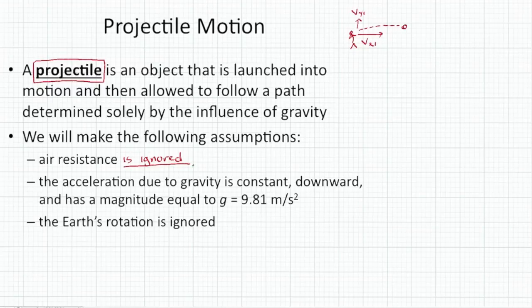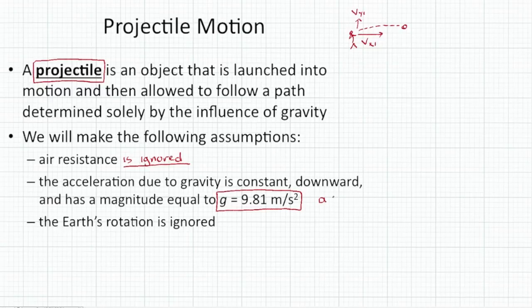We're ignoring air resistance. A second assumption is that the acceleration due to gravity, and you know this, is constant downward, and it is a value of 9.81 meters per second squared. That's what we call g. That's the value, or you might say the absolute value of the g, of the pull of gravity. Of course, we sometimes write it like this.